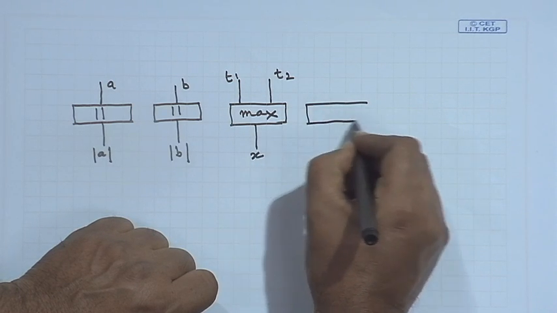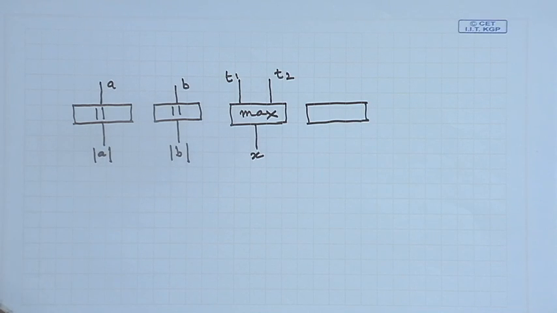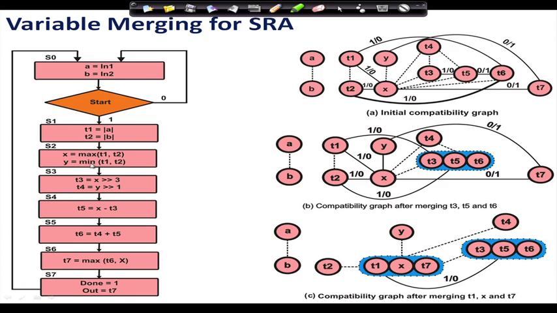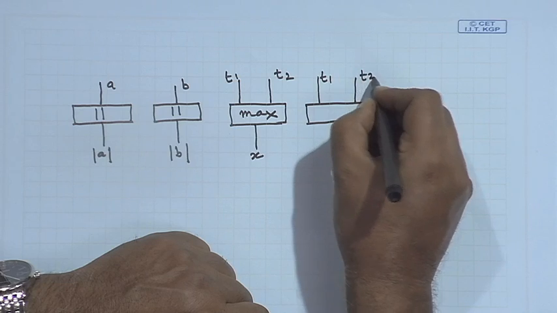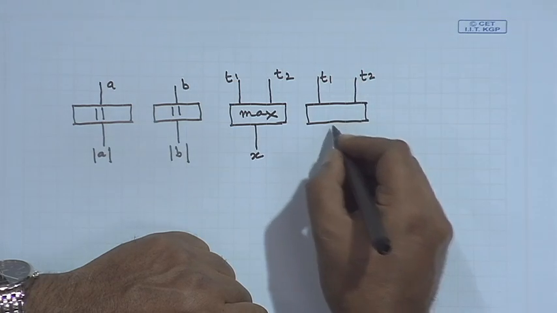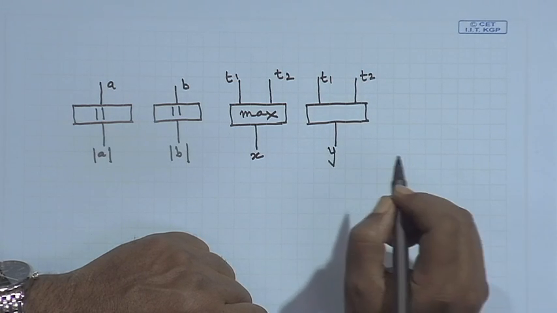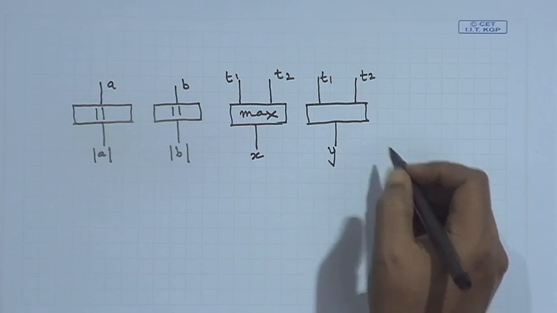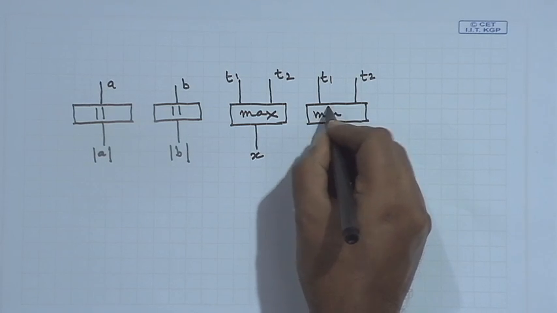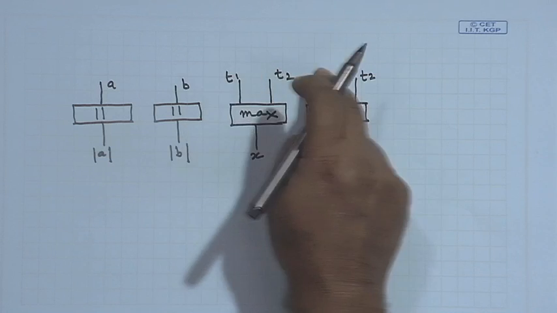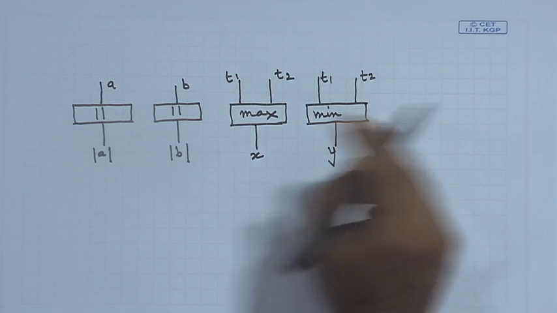I have got a mean operation here. That mean operation also has got T1 and T2, and I am getting y. Now, here you see that max and mean are sharing the same inputs.